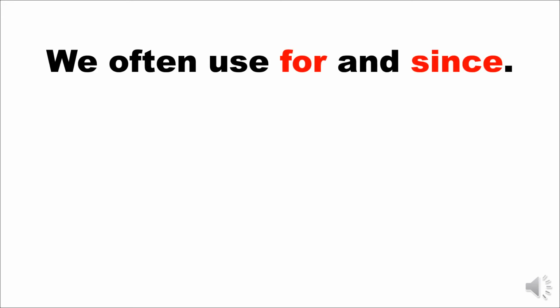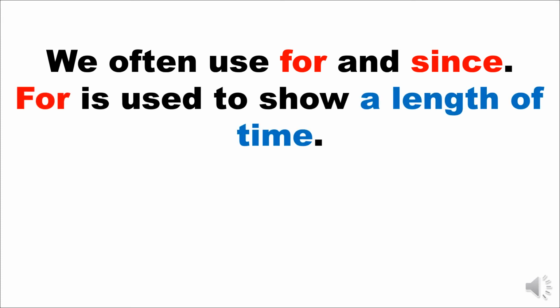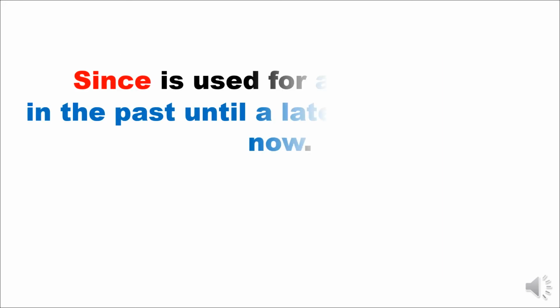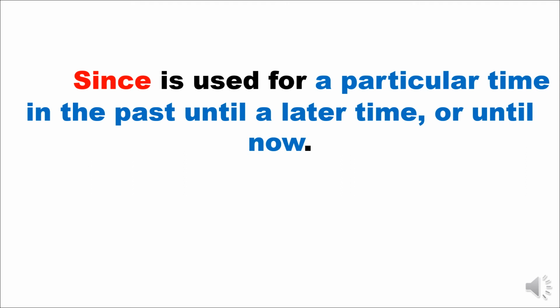We often use for and since. For is used to show a length of time. For example, for 2 years, for 3 weeks, for 8 months, etc. Since is used for a particular time in the past until a later time or until now.